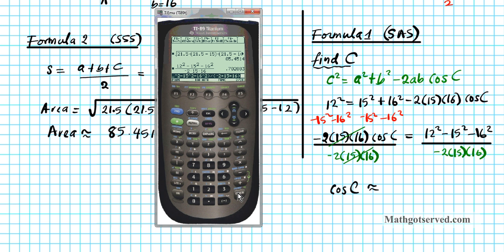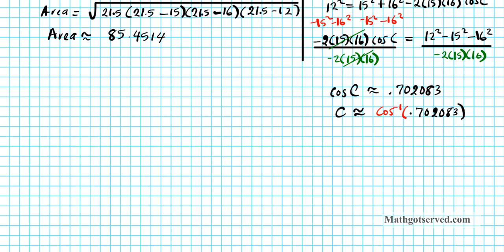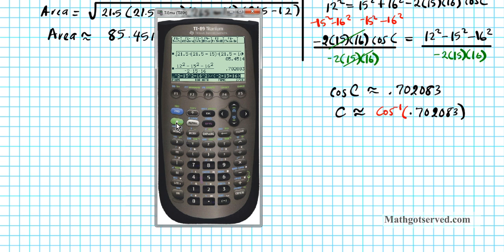And then we get 0.702083. Okay, so that's what cosine C is. Let's write that down: approximately 0.702083. And then to get big C by itself, we'll take the inverse cosine of both sides of the equation. So big C equals the inverse cosine of 0.702083. Let's see what that is with our calculators again.